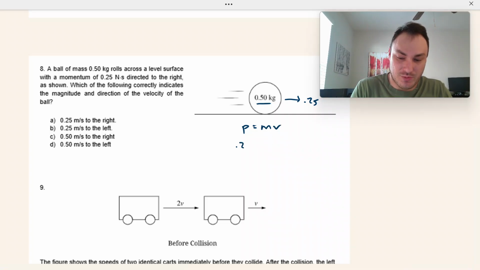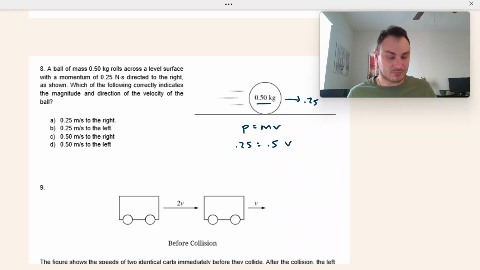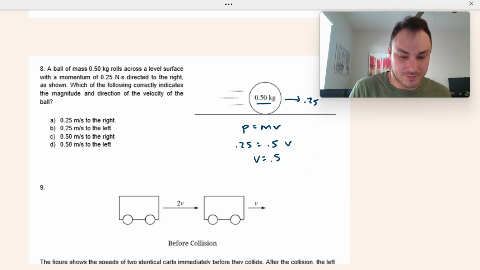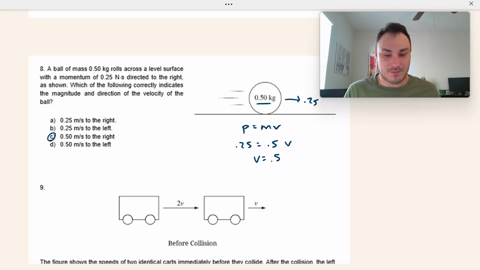So 0.25 equals 0.5 times velocity. 0.25 divided by 0.5, velocity is just 0.5. And then it's moving to the right, so the velocity is going to be to the right. Meters per second to the right.